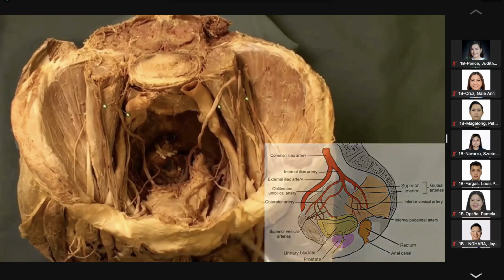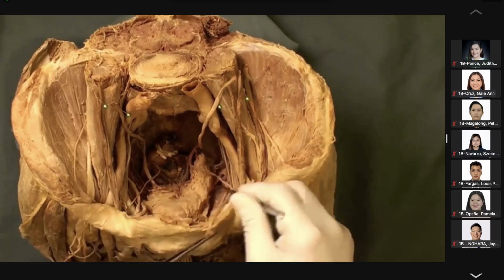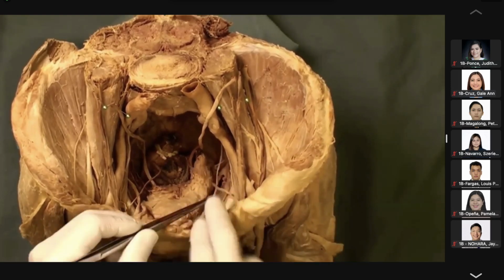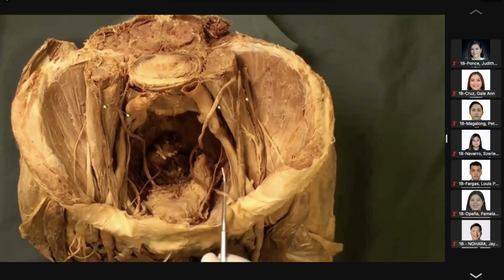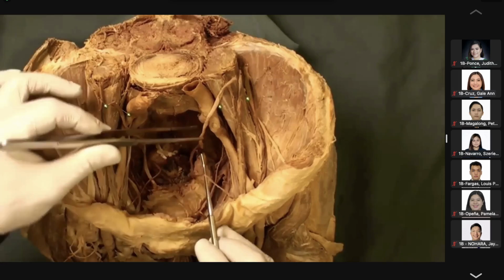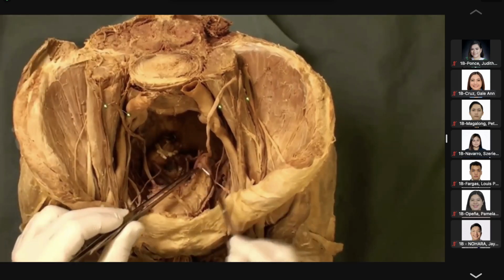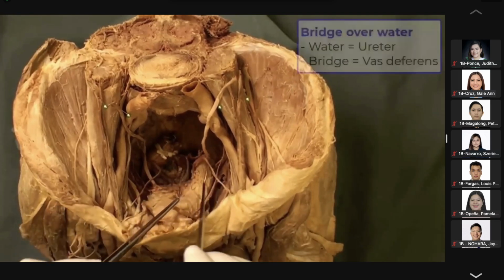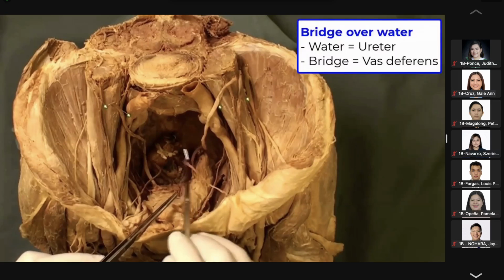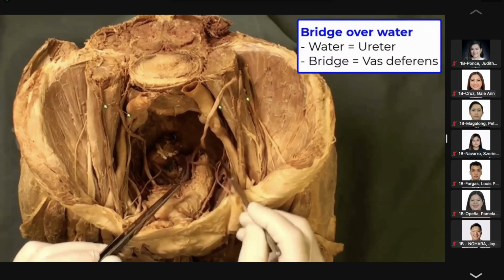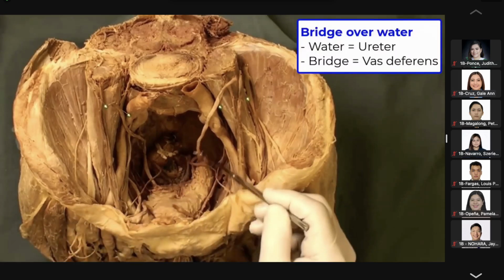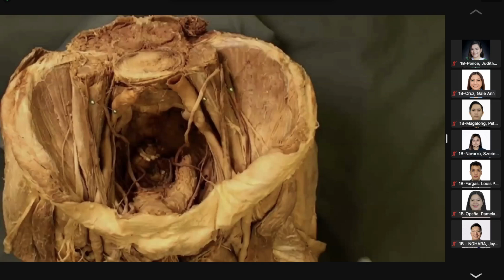Inferior vesical artery. Now, since we are looking at the pelvis, it is good to know that the vas deferens crosses with the ureter. See, the ureter passes under the vas deferens, and the expression that we use here is bridge over water. So that is the bridge, the vas deferens, and the water is the ureter.